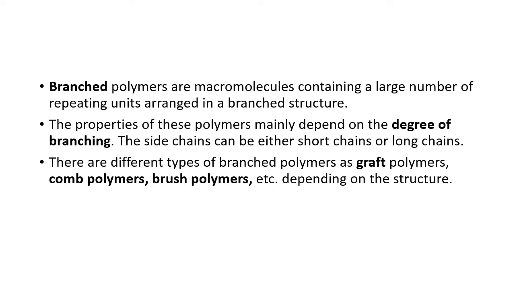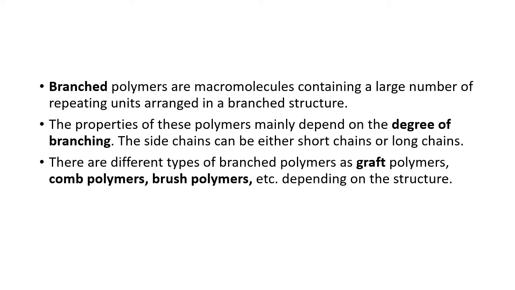The properties of these polymers mainly depend upon the degree of branching, and the side chains can be either short chains or long chains. Got it? And there are different types of branched polymers such as graft polymers, comb polymers, brush polymers, etc., depending upon the structure.